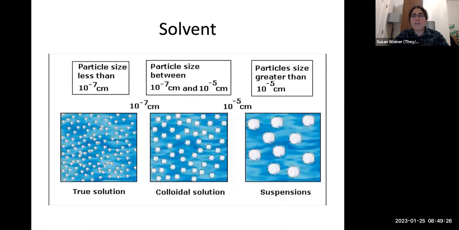Now, things can be dissolved in water to greater or lesser degrees. A true solution is when we have polar or ionic things that are small and they fully dissolve. We can also have a colloidal solution. A colloidal solution is when you have large things, but they're polar.